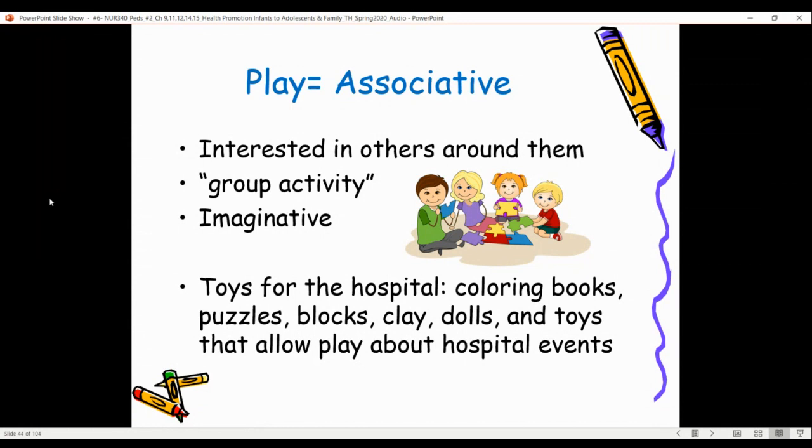If you've never seen a soccer game with 3 and 4 year olds, it is great to watch. It's very entertaining. They have the ball, and there's a group of kids, and they've been put onto teams, a green team and a blue team. But what they'll do is they'll all just chase the ball around. They don't understand the rules behind the game yet, and they look like little schools of fish just chasing the ball around.